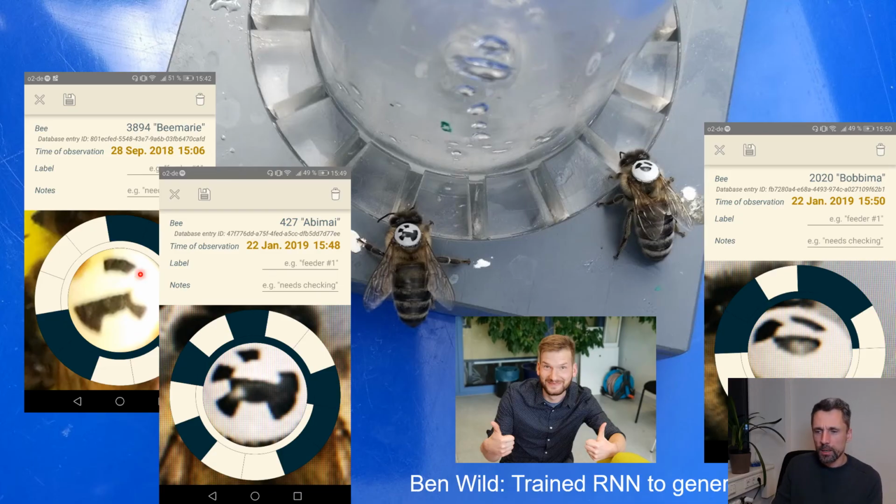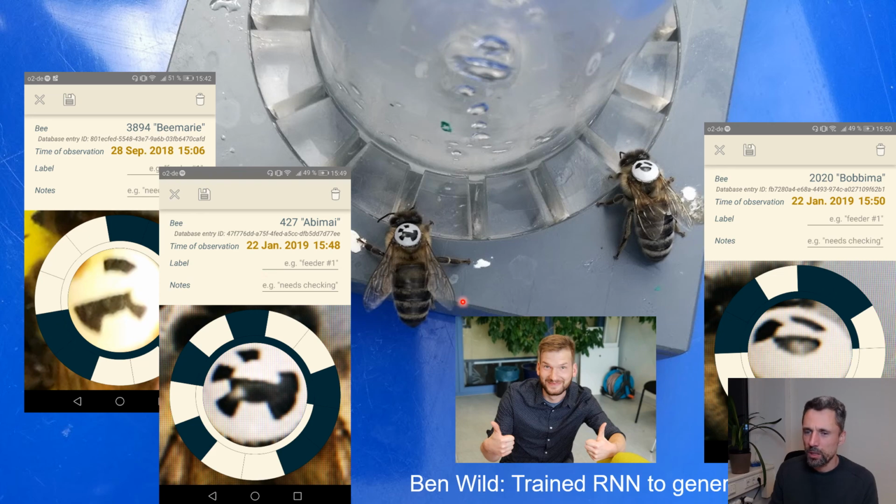And of course, to conclude this, I have to show you what we do in my lab with recurrent networks. Ben, a PhD student in my lab, trained a generative model, an RNN, to produce bee names, right? We have markers that we glue on the back of bees, and for machines it's really easy to read those, but for humans it's really bad.